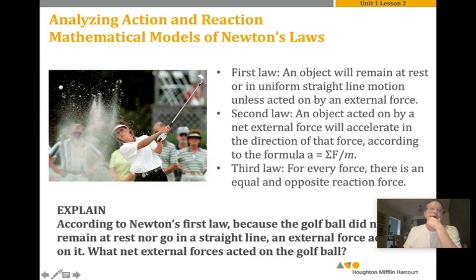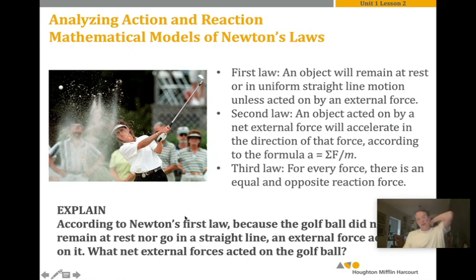Eventually, the force of gravity will overcome and start pulling it downwards in the direction of that force. And the third law, for every force, there is an equal and opposite reaction force. Okay, what does this all mean?